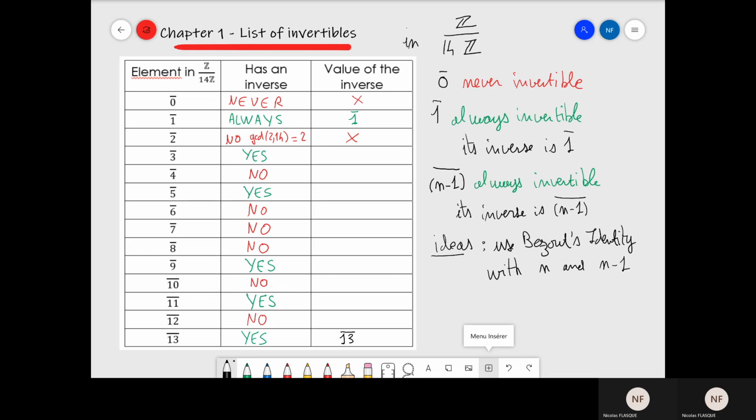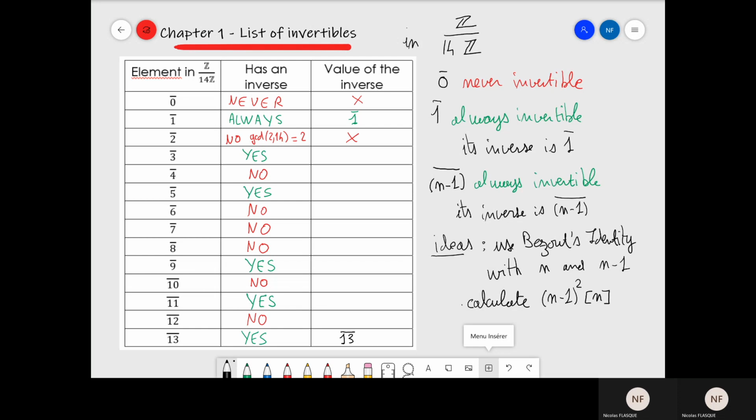I think you will very quickly find coefficients. Or calculate n minus 1 squared modulo n. I think it's a very quick and efficient way to prove that n minus 1 bar is always its own inverse.